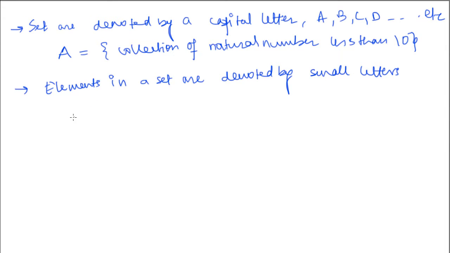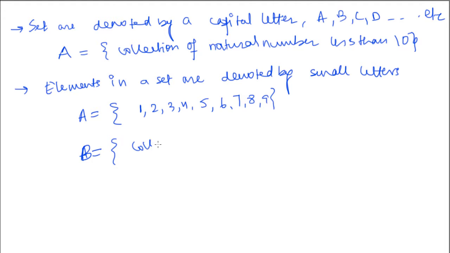For example, the same example, that is collection of natural numbers less than 10. 1, 2, 3, 4, 5, 6, 7, 8 and 9. Apart from this, we can go for another example. Let's suppose set B, that is collection of vowels in the English alphabet.